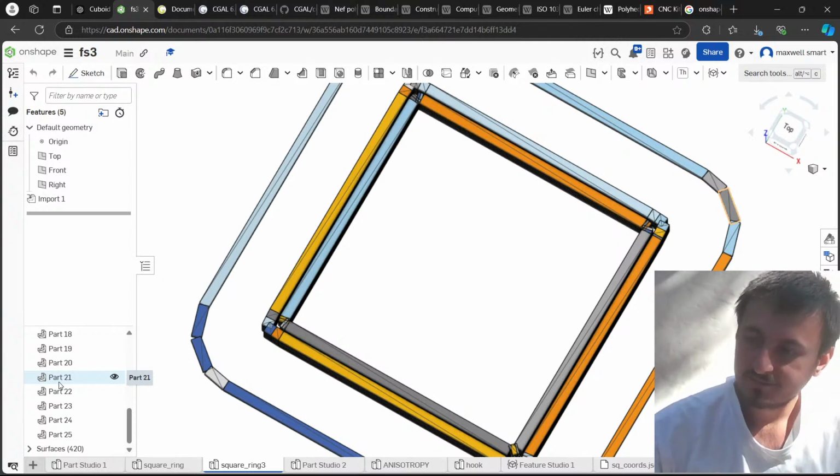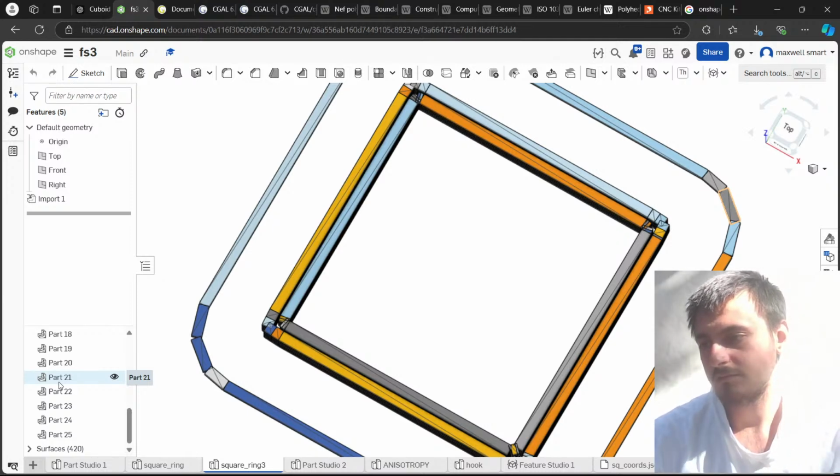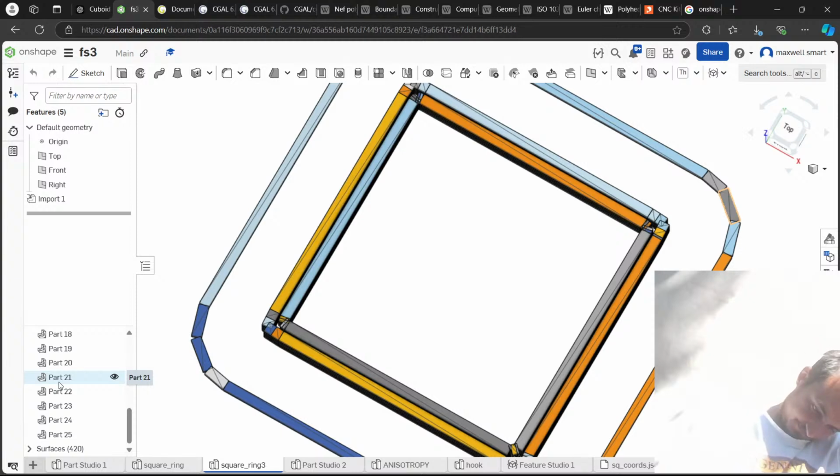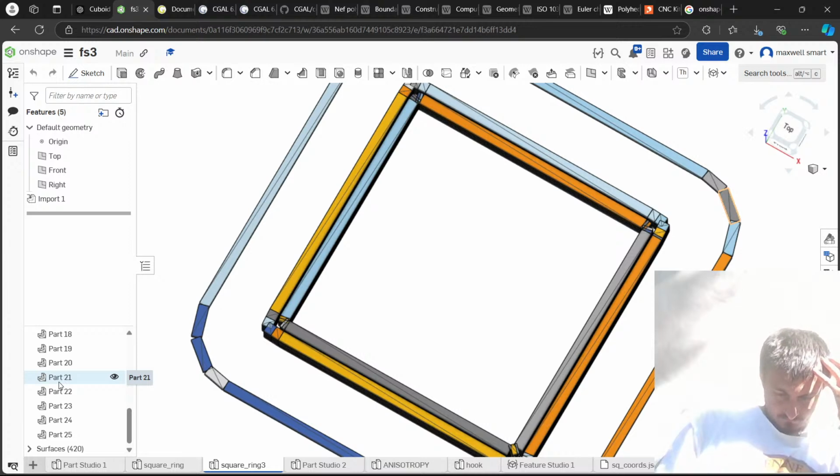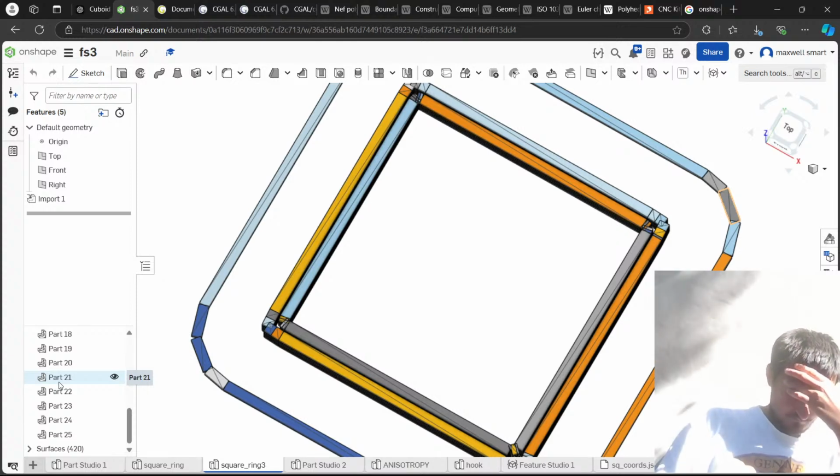I'm so sleepy, I don't know why. Wait, pattern test?